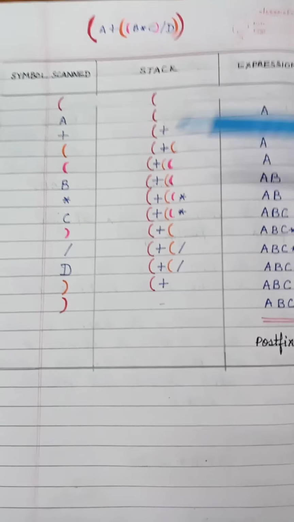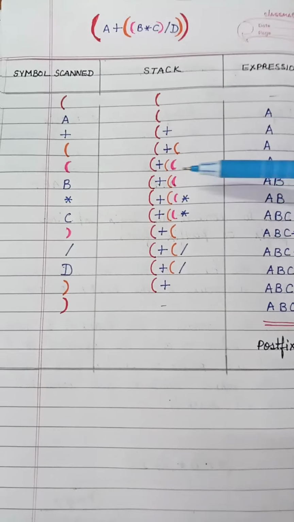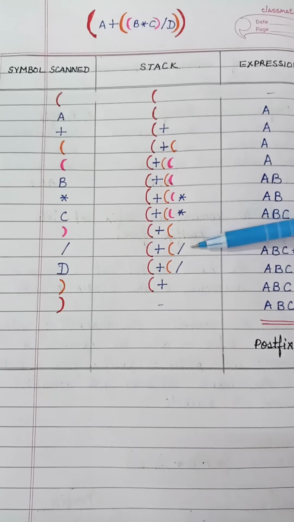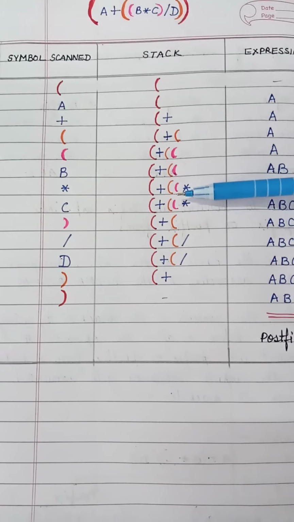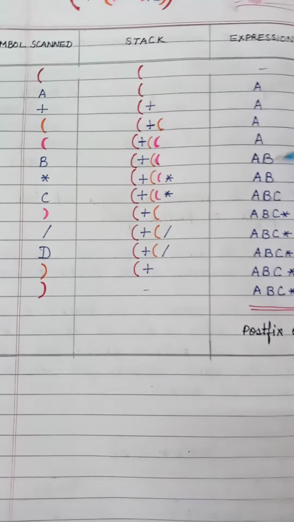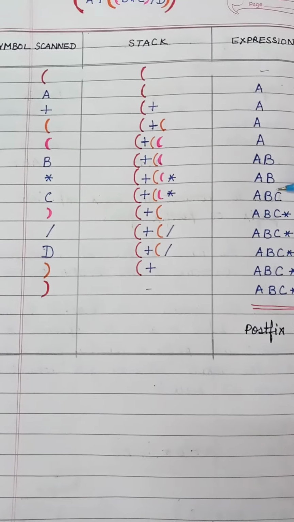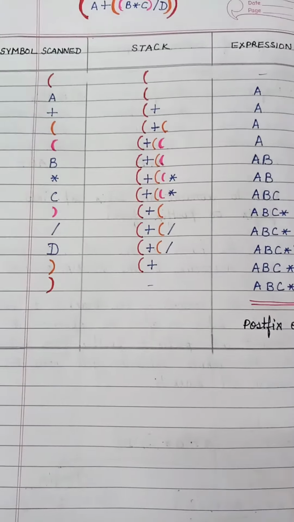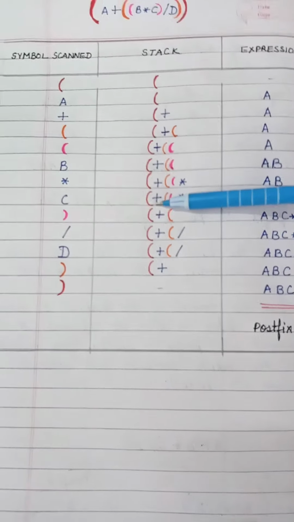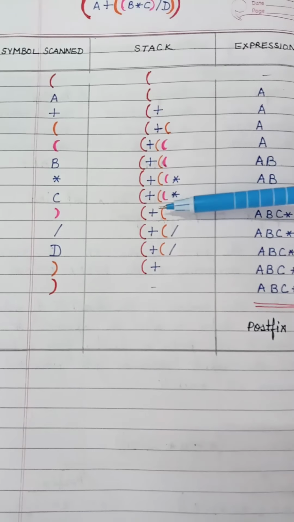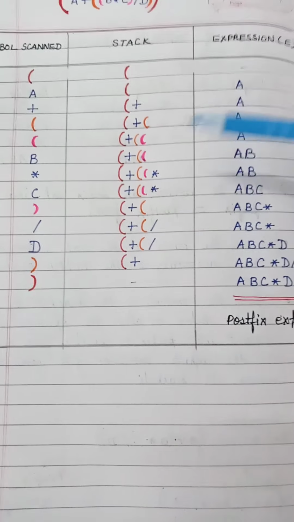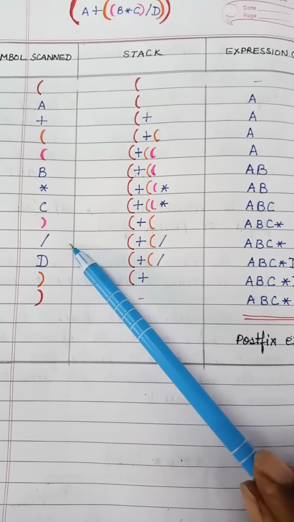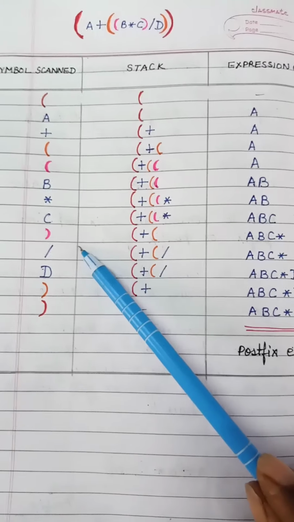Now the asterisk symbol will be in the stack column: red bracket, plus, orange, pink, asterisk, and the expression will be only a b. Now c, so c will be in the expression, a b c, and the stack will be red, plus, orange, pink, asterisk, the same. Now we have the closing parenthesis of b into c.